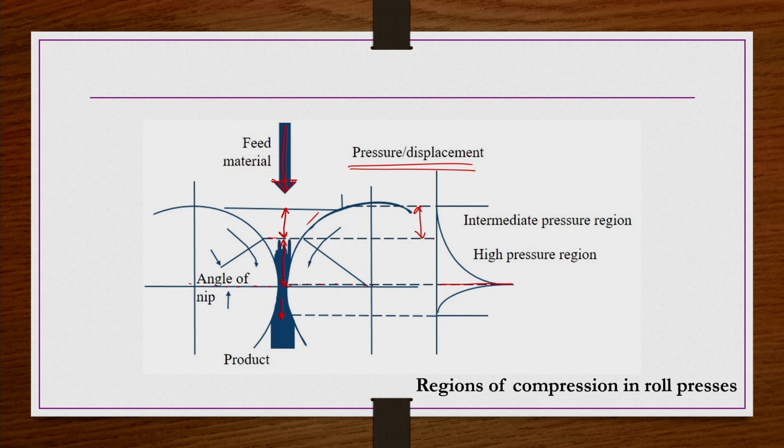When it comes in as a feed, it experiences more pressure, though it is the intermediate region. While it is going out in the similar region, the pressure is not so high; it experiences smaller pressure. So this is about the regions of compression in roll pressures, which are used for tableting or making sheets out of fine feed material or fine powder, either individual powder or mixed with some kind of binding liquid.